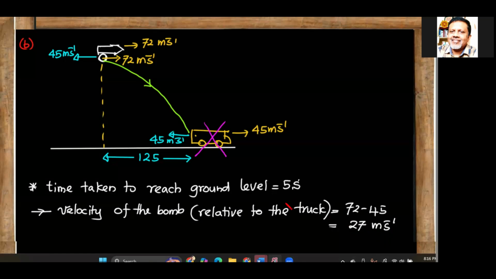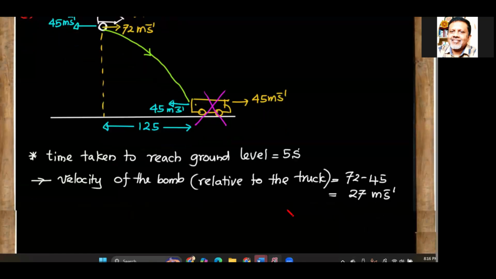And we can check whether during this 5 seconds, the bomb having 27 meter per second can travel the minimum distance just to hit the rear end, 125, and then each additional meter it can move further.